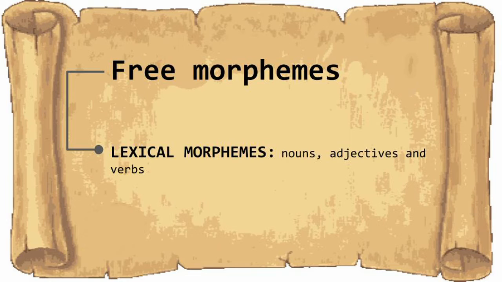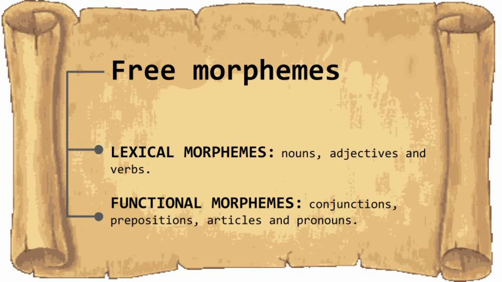Free morphemes fall into two categories. The first category is that set of ordinary nouns, adjectives, and verbs. These free morphemes are called lexical morphemes. We can add new lexical morphemes to the language rather easily, so they are treated as an open class of words.